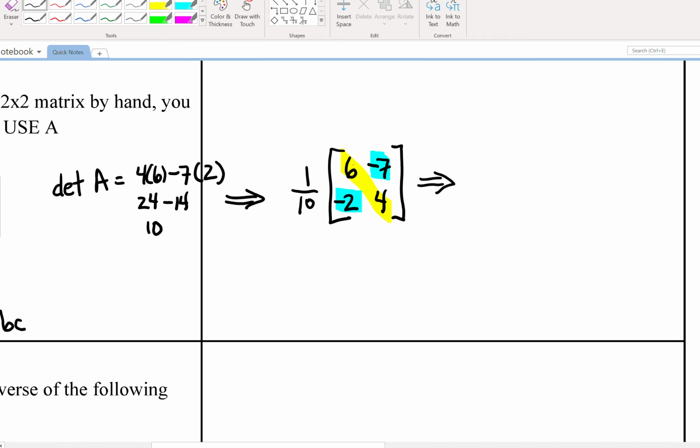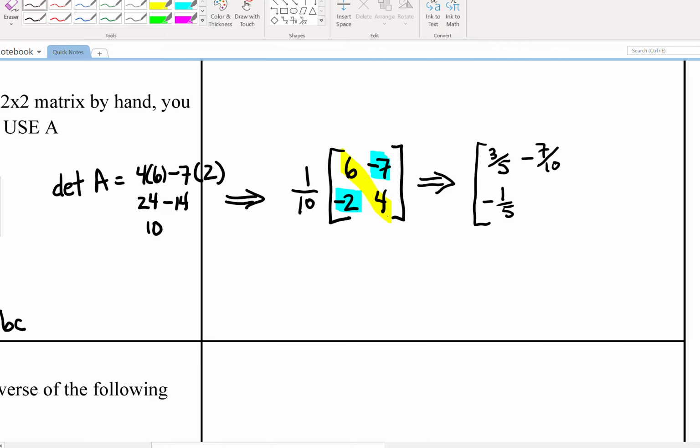So 1/10 times 6 is 6/10. 6/10 simplifies to 3/5. 1/10 times -7 would be -7/10. Will not simplify. 1/10 times -2 is -2/10, which is -1/5.